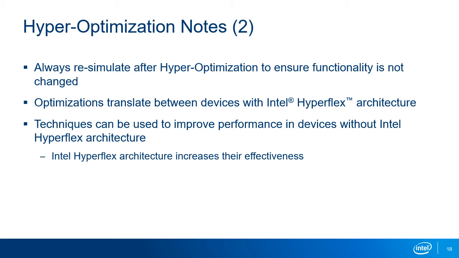And finally, most hyperoptimization techniques are simply faster structures from a timing perspective, so they will produce a performance improvement even when used on older device families without the HyperFlex architecture. The HyperFlex architecture and the addition of the hyper registers just serves to increase the effectiveness of the techniques.